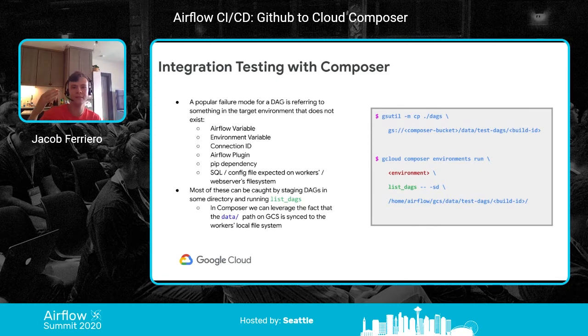It's similar to what the scheduler is going to do, going through and parsing all of your DAGs. And this will throw errors if, for example, you refer to a file or a variable that doesn't exist.